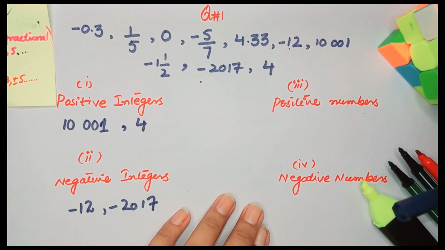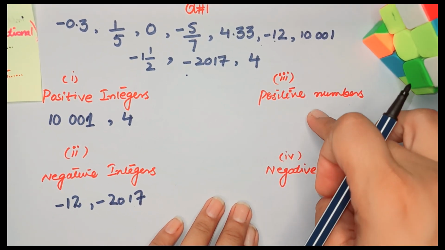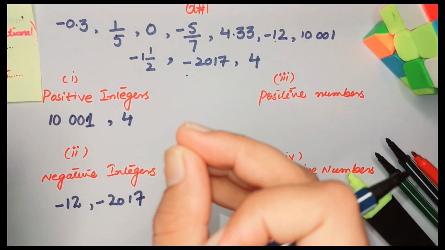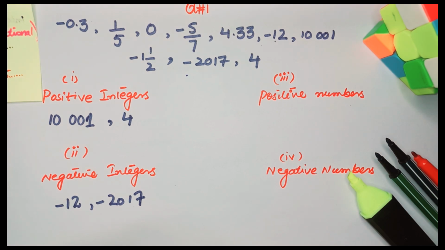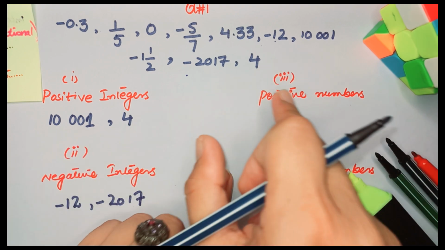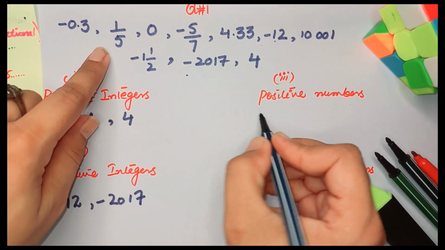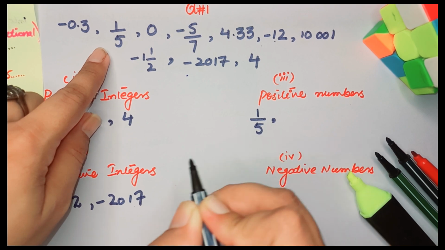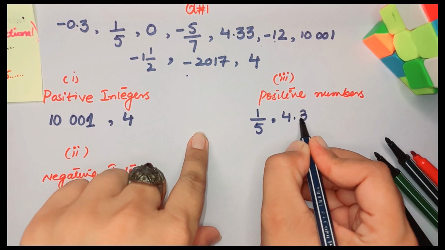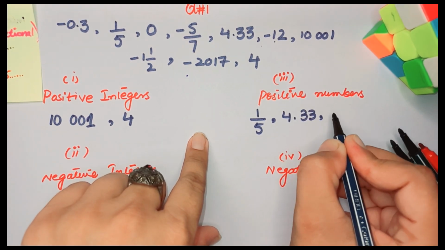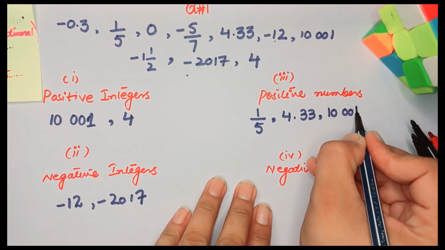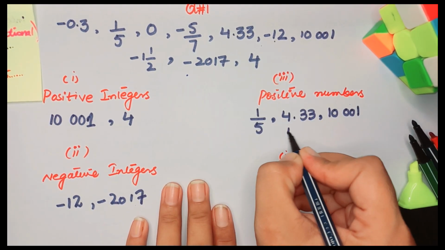Now dear students, we have to find the positive numbers. So numbers include decimals and fractions. So the positive numbers are 1/5, then we have the positive number 4.33, then we have the positive number this one, then we have the positive number 4.